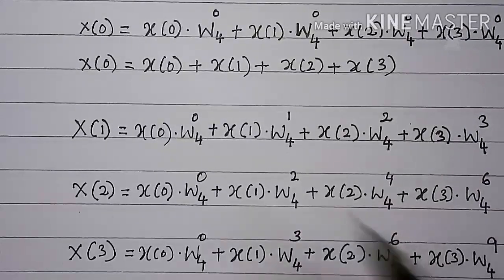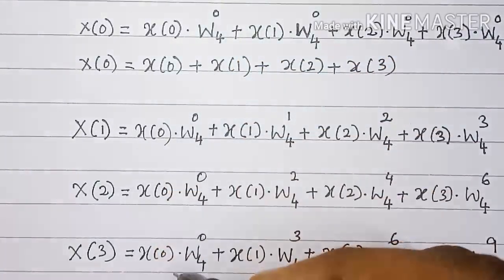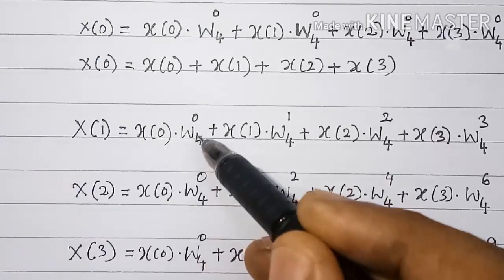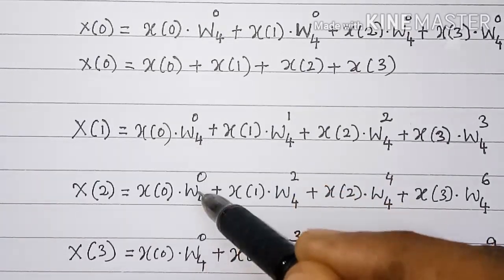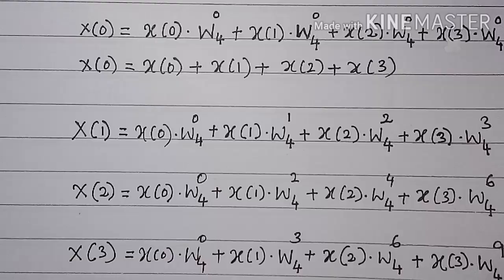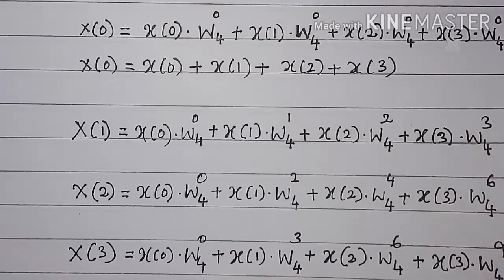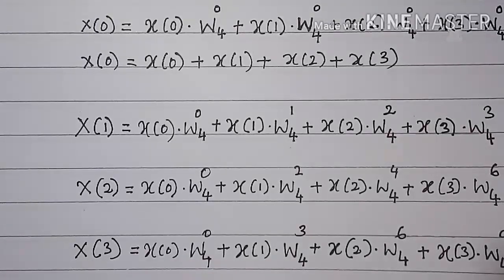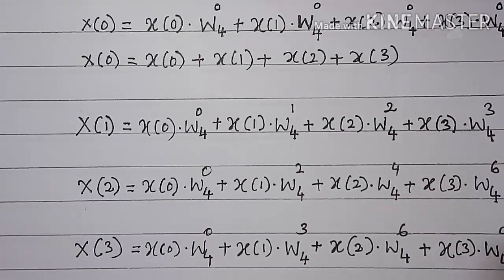Similarly, going vertically downward, you will find W4 raised to 0 each time, so the first column will also have all its elements as ones.